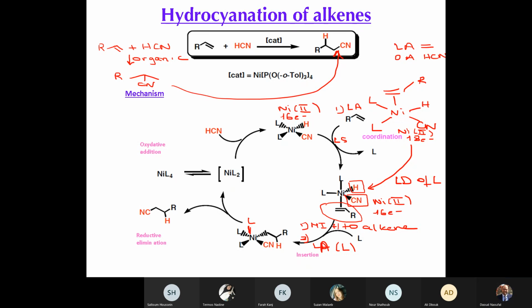Now this is minus and this is minus. Migratory insertion.